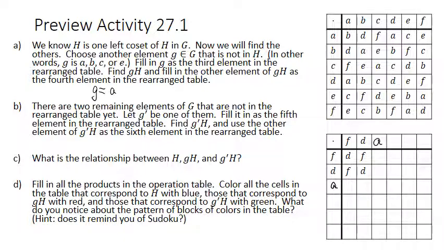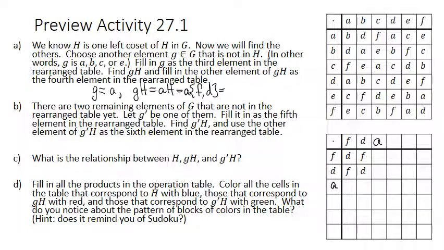So if little g is A, then little g times H is A times H. So what is A times H? This is going to be A times the 2 elements of H, which are F and D. Maybe I could write it like this: I'll put A on the outside, and then F and D in here.